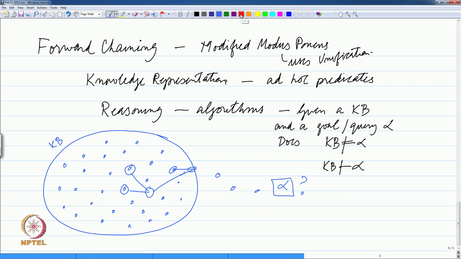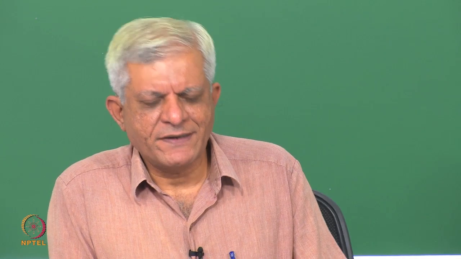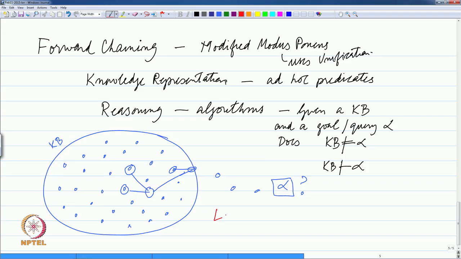Now, if you look at the two different communities, the logic community or the mathematics community, a logician will simply say a proof exists. Or they might even produce a proof essentially.